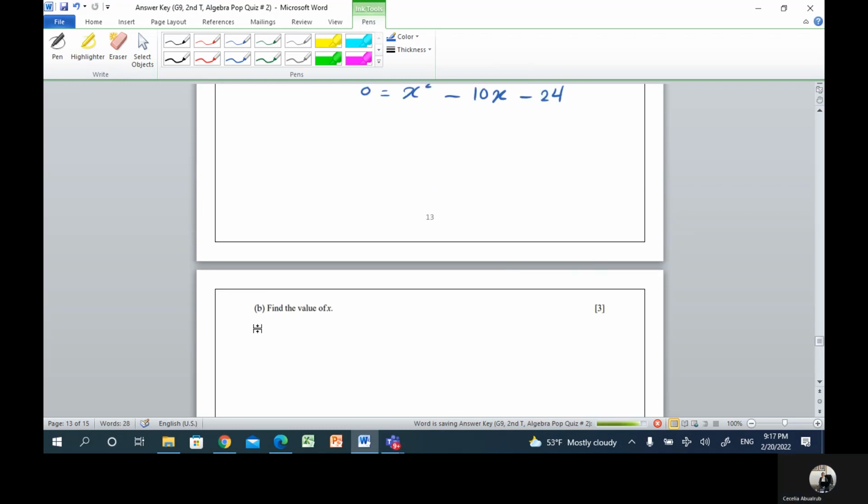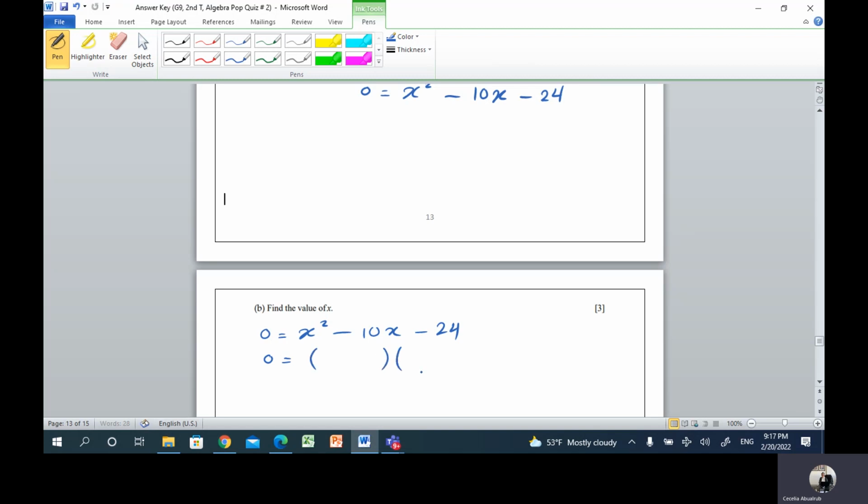Basically, we write the equation as 0 is equal to x squared minus 10x minus 24, and we need to factorize it.